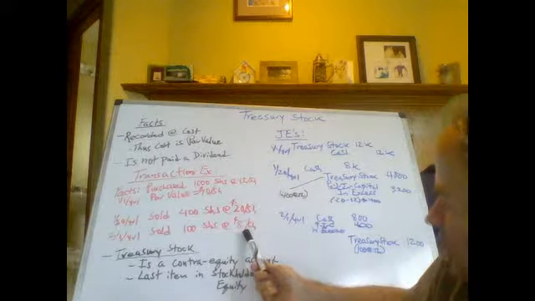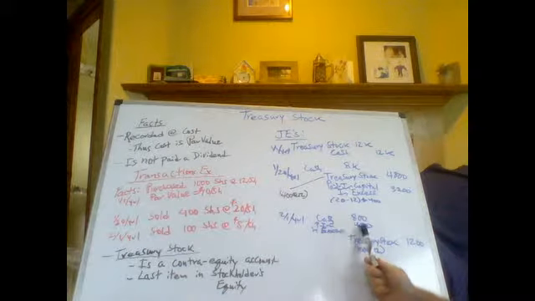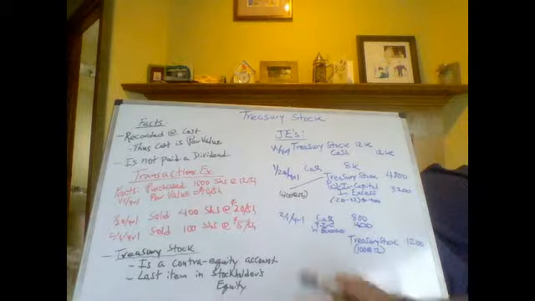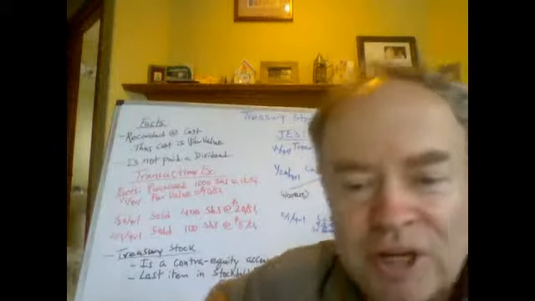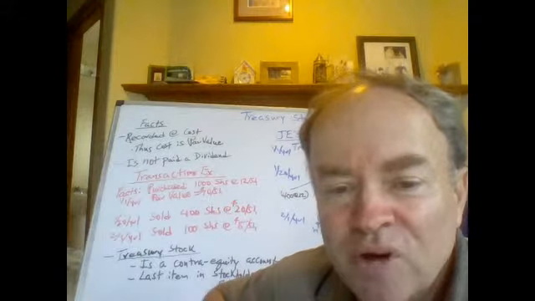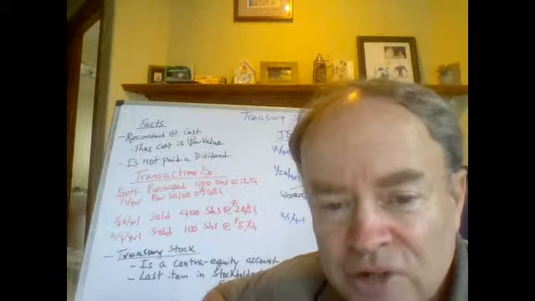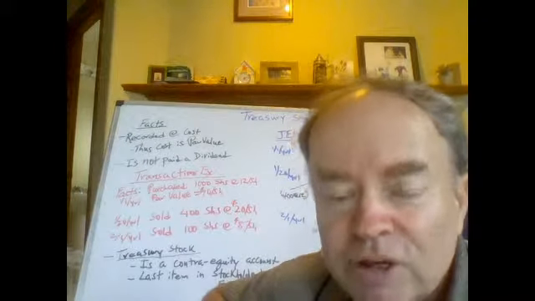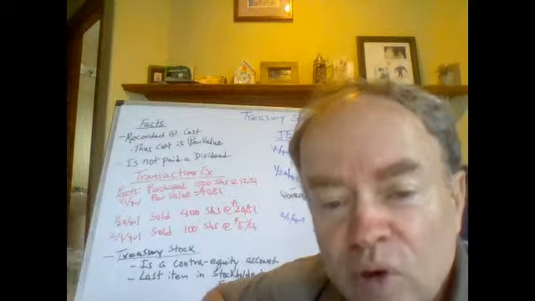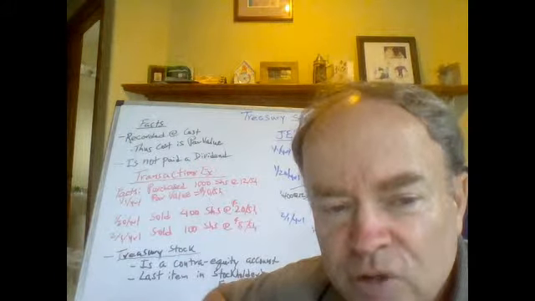So 12 minus 8 is $4 short times 100 shares, or $400 as a debit to the paid-in capital in excess account. So notice if we get less than the cost of Treasury, we debit paid-in capital in excess until that runs out. If we get more, we credit paid-in capital in excess for that amount of extra.